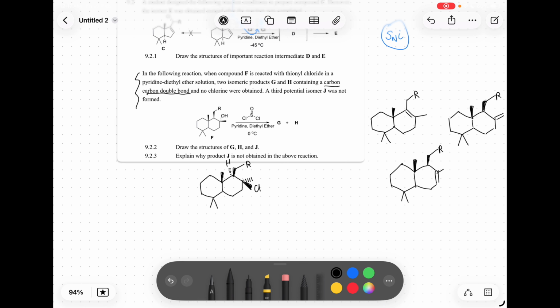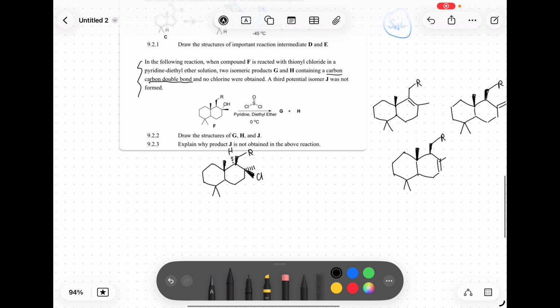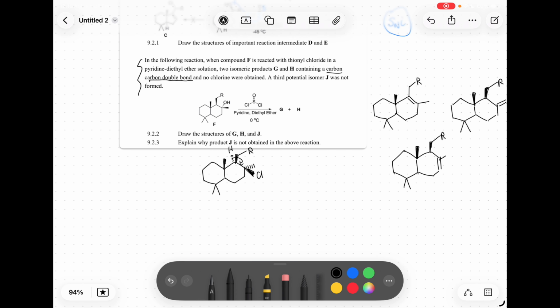So the geometry is actually set up for you. So this H and this Cl are anti-periplanar to each other, so this reaction can occur. So the elimination can occur, kicking Cl out.